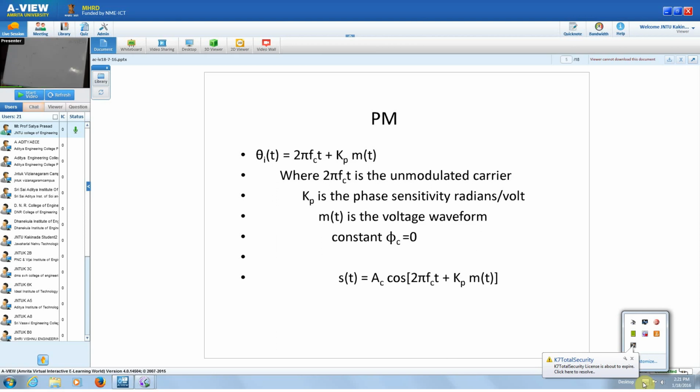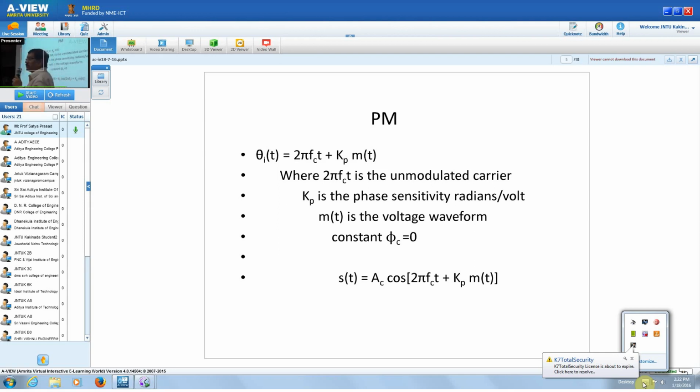So if you say that your phase is going to be linearly varying with that of your baseband signal m of t, that is theta i(t) equal to 2 pi fct plus kp into m of t. So when m of t is 0, we are having your omega ct or 2 pi fct, that means the unmodulated carrier.